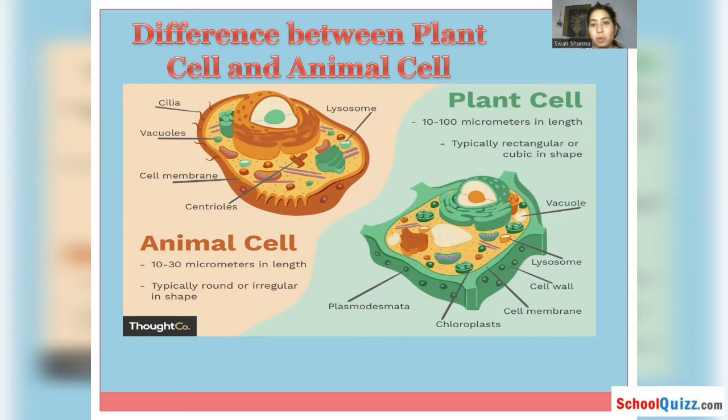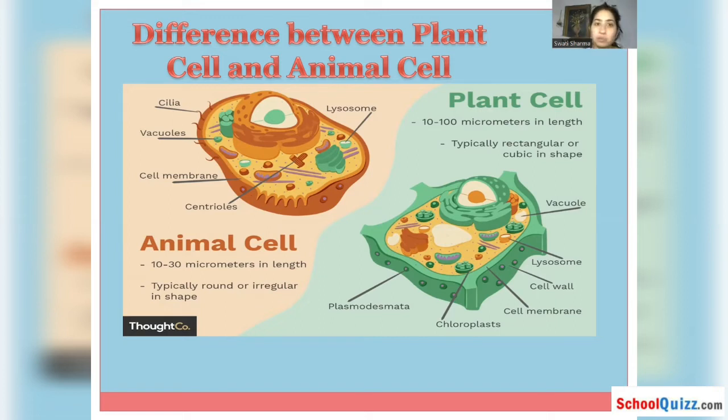If we talk about plant cells, vacuoles are present in plant cells also. The cell membrane is also common between plant cell and animal cell. Chloroplast is present in plant cells, and the chloroplast is the only organelle in which photosynthesis takes place, the process by the help of which plants make their food.